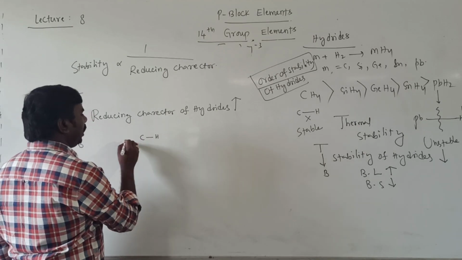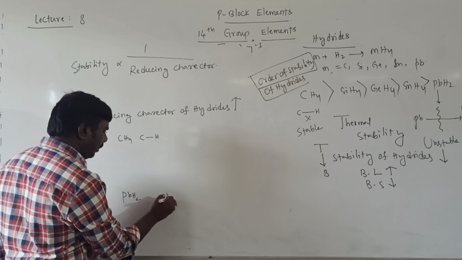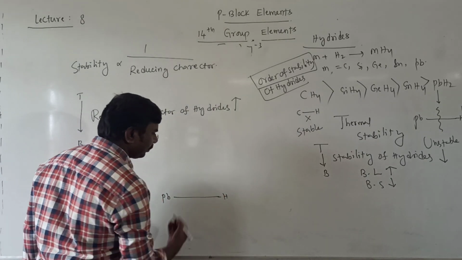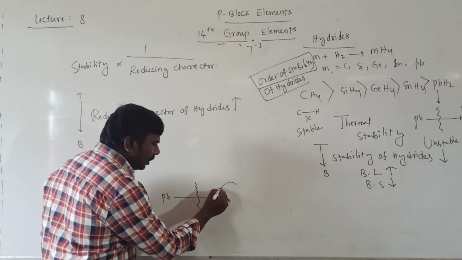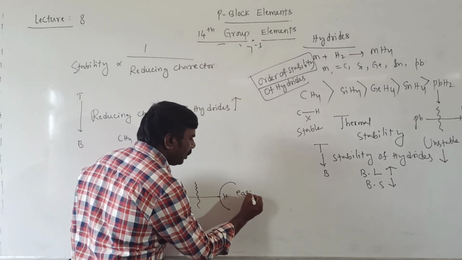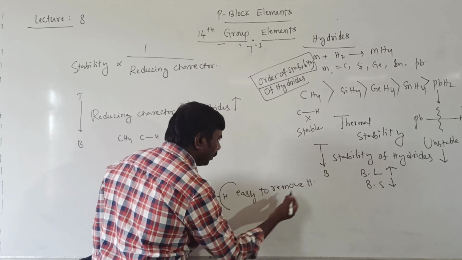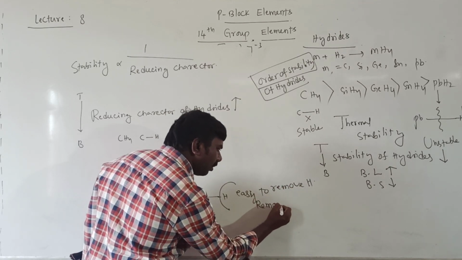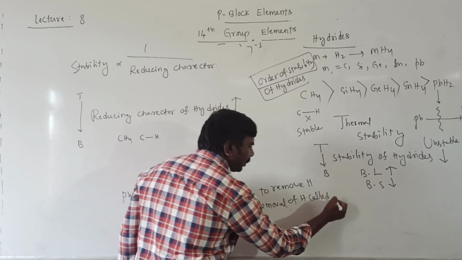In CH4 versus PbH2, the PbH bond length increases. Easy to remove hydrogen. Removal of hydrogen is called oxidation.